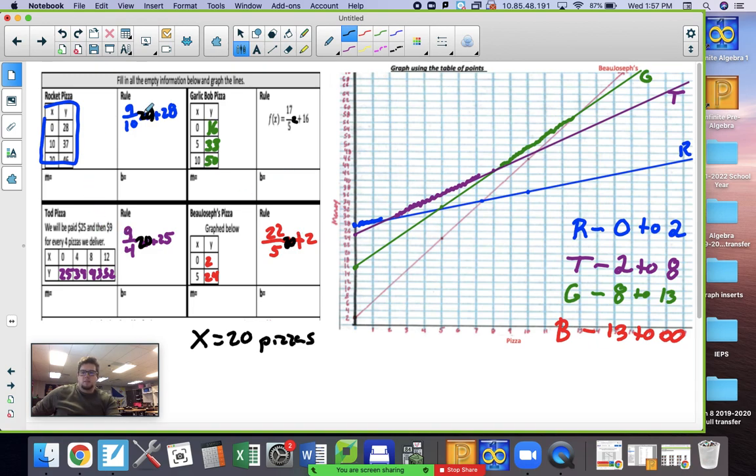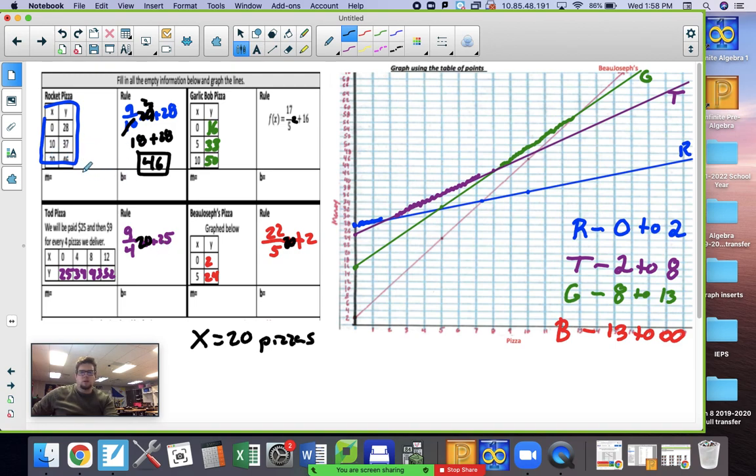When we calculate it, 20 divided by 10 gives us 2. 2 times 9 is 18. 18 plus 28. That would give us, what is that? 46. $46 made for delivering 20 pizzas, which we already knew in the table right there.